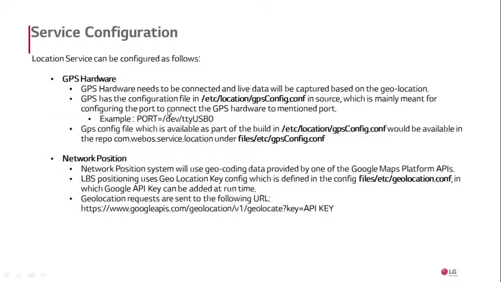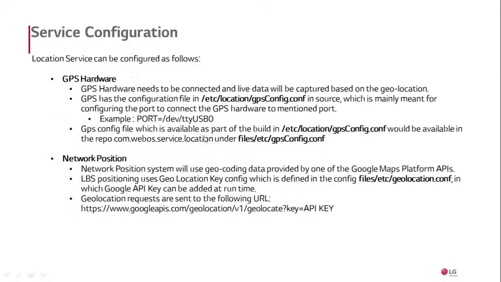GPS has the configuration file in /etc/location/GPS config data.conf in source, which is mainly meant for configuring the port to connect the GPS hardware to the mentioned port. Basically, this conf file would include the port equal to /dev/ttyUSB0, where we are connecting our GPS hardware in the webOS target.